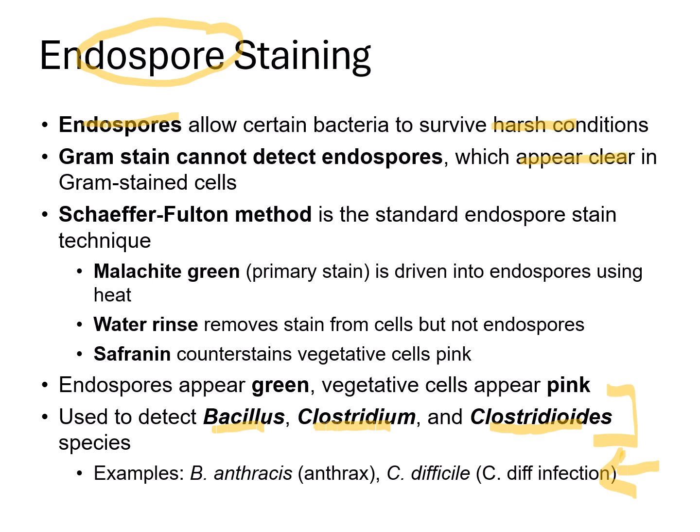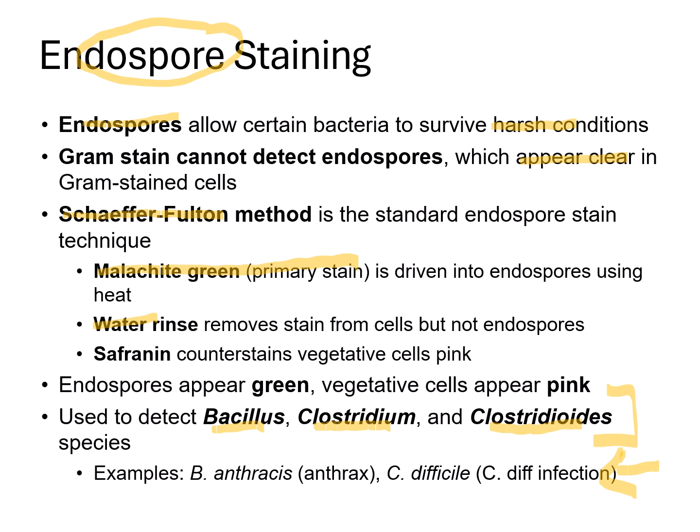The most standard procedure we use for the endospore stain is the Schaefer-Fulton method, in which we're going to steam the primary stain, malachite green, to force it into that thick protein layer of the endospores. The decolorizer is the water step. So you're just going to use water to rinse off the cells or rinse off your smear.